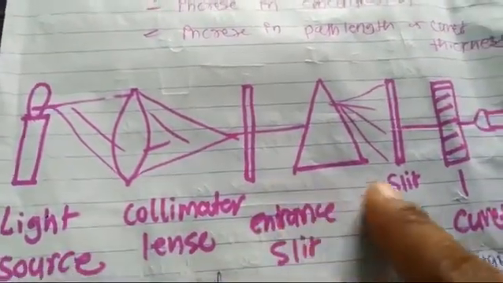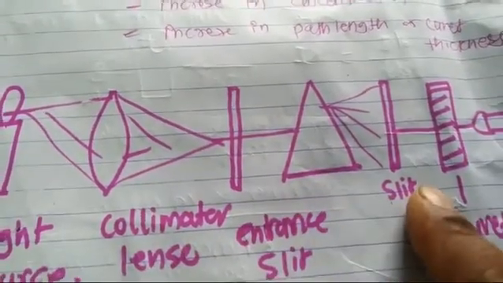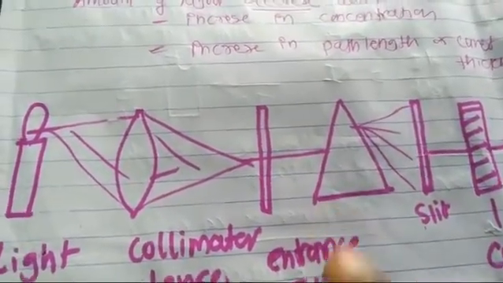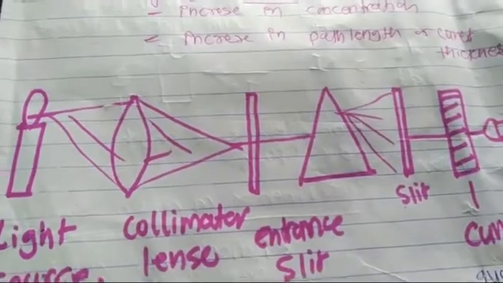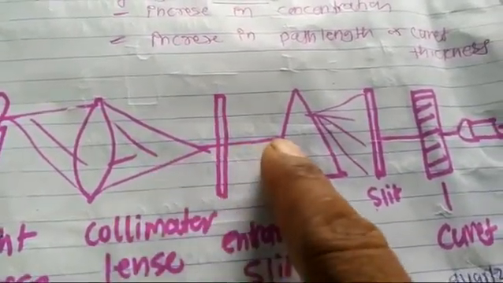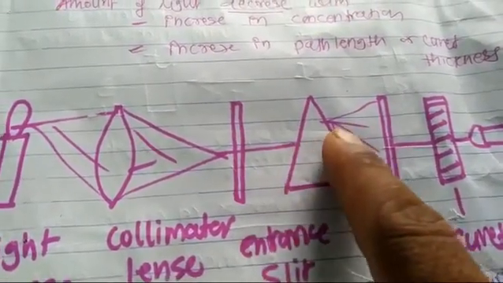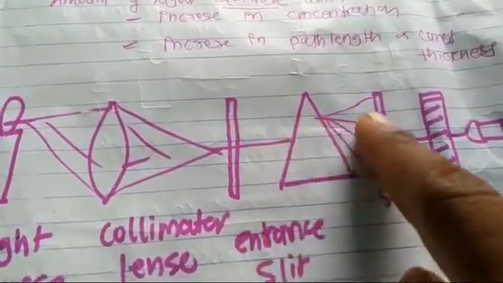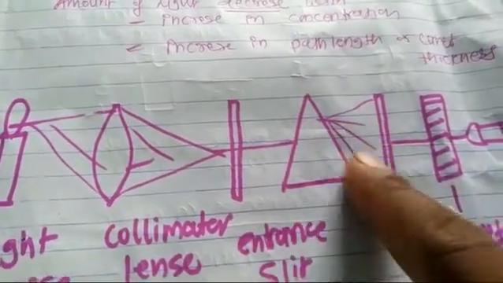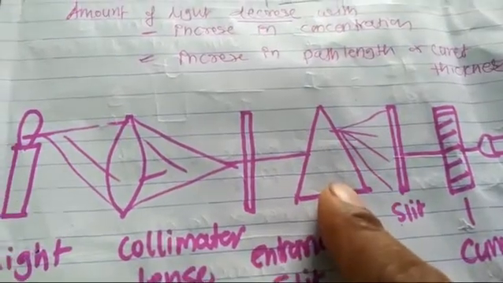So here are the exit slit and prism. The prism is the refractor of light. The light from the source comes to the prism and it replicates the light source. This is the replica of the light source, formed in the prism.